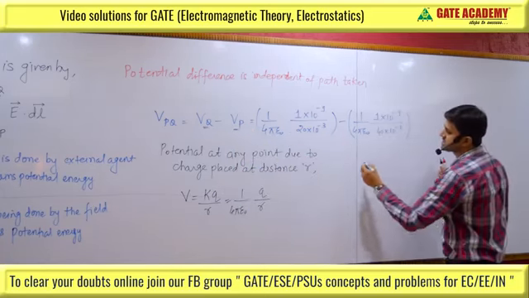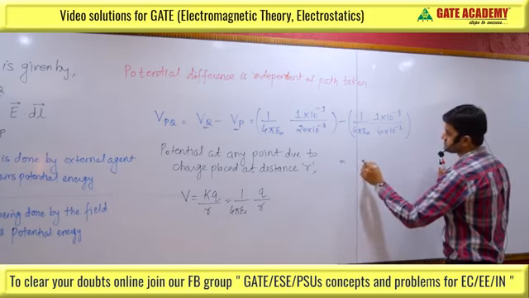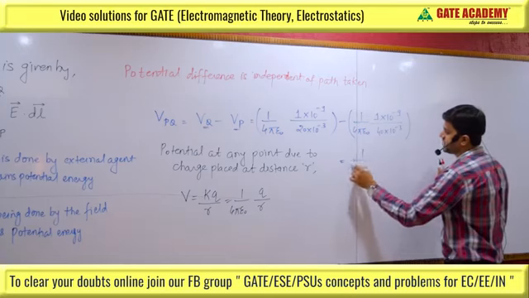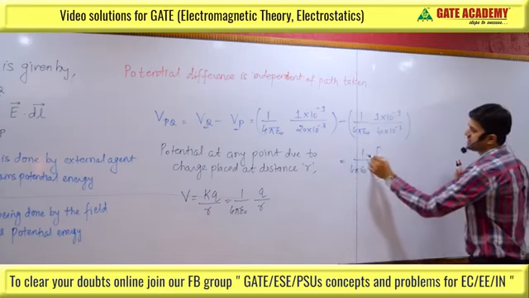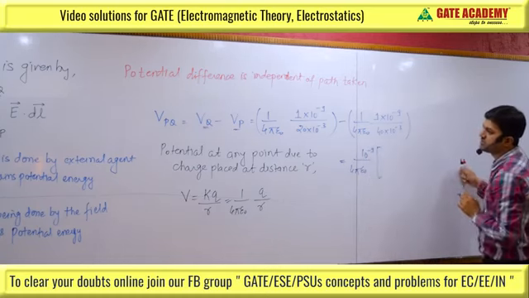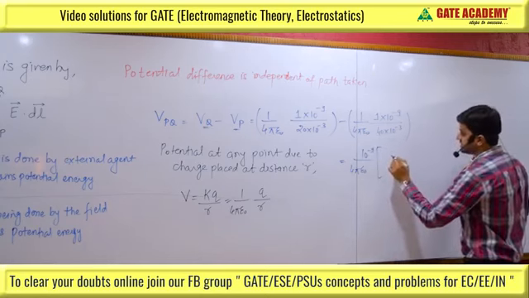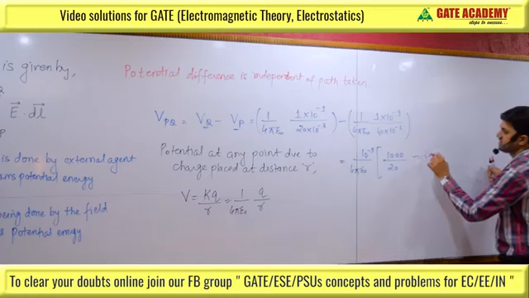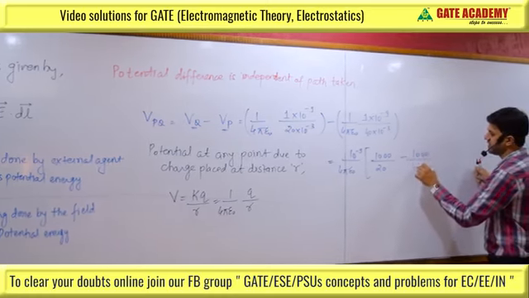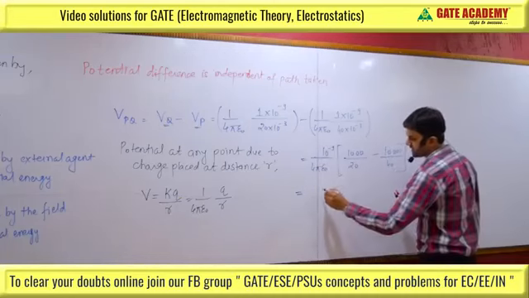So if we solve this, we take 1 upon 4 pi epsilon naught common, and 10 raised to power minus 9 common, so this will be 1000 divided by 20 minus 1000 divided by 40.